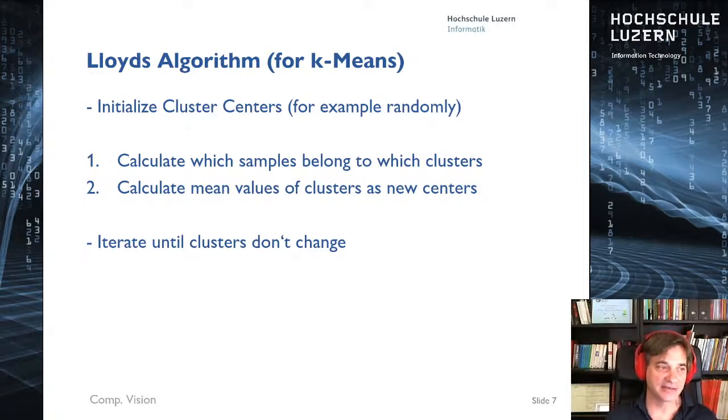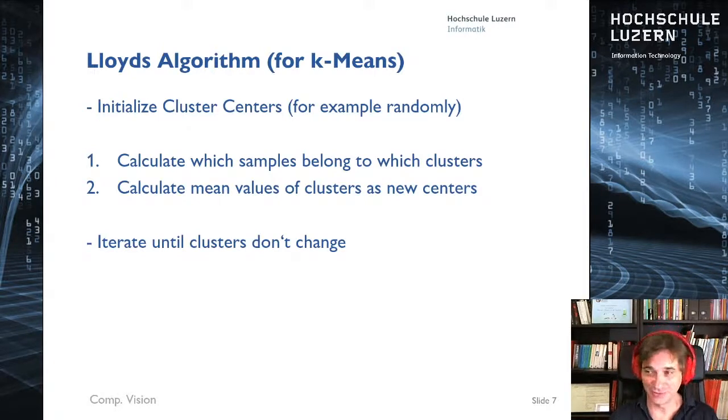Then you iterate over those 2 steps, assigning the samples again, and so on, until the clusters do not change anymore. As you can see, if you initialize the cluster centers randomly, you might not get the same result every time. One approach to deal with that could be to apply it several times and just take the best result.